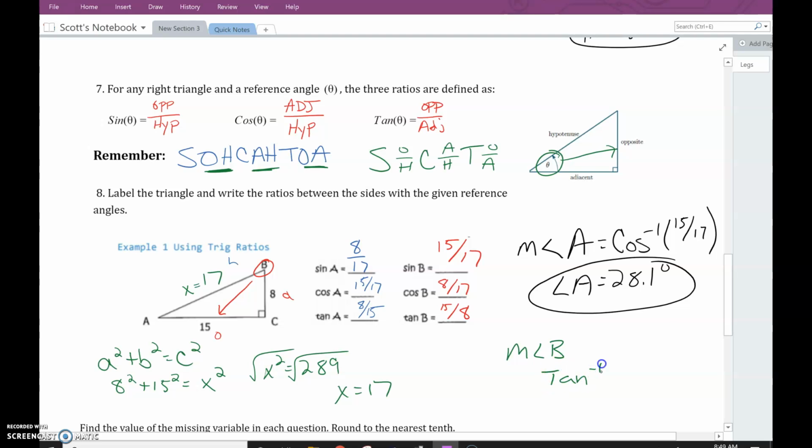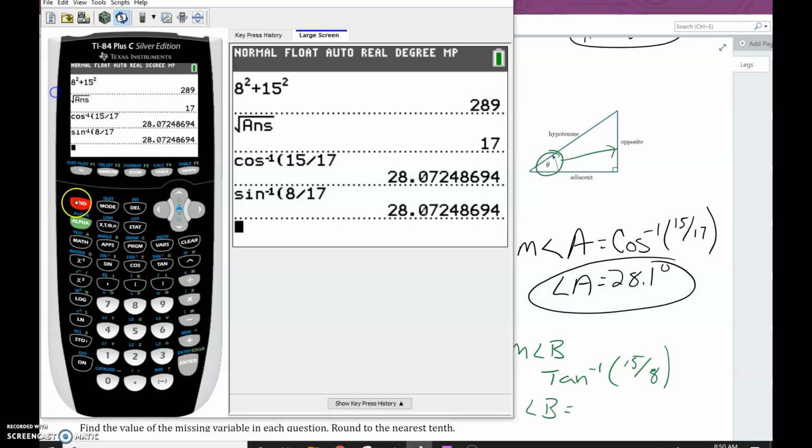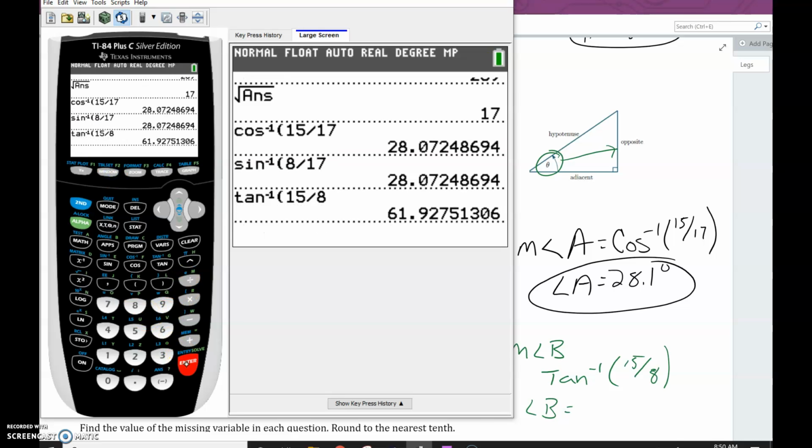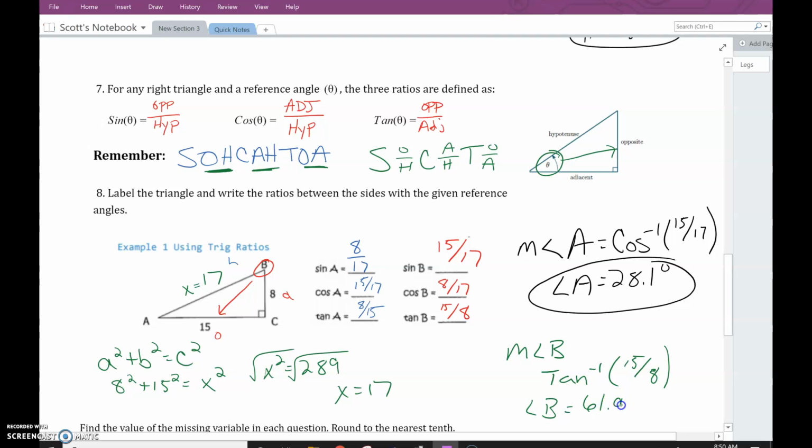Tangent inverse of 15 over 8 is 61.9. Now, if you notice, when I add these two together, they're 90 degrees. There are 180 degrees in a triangle, so if there's 90 and I know 28.1, you can subtract and get that.